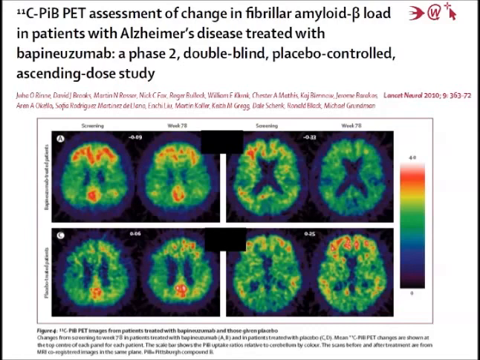At baseline, they both have amyloid deposition, these areas in red, and then at follow-up, they've got even more amyloid deposition. Whereas in these 2 treated patients who received bapineuzumab, at baseline, they've got amyloid deposition, but you can see there's quite a marked decrease in the amount of amyloid by their follow-up scan. So I think these are really encouraging results. And so I'd like to end on that note of cautious optimism.